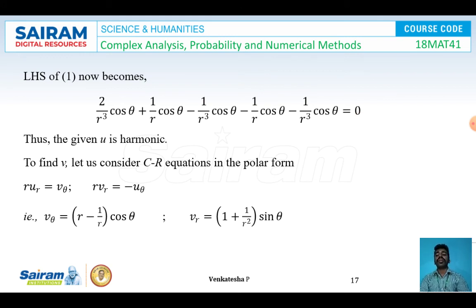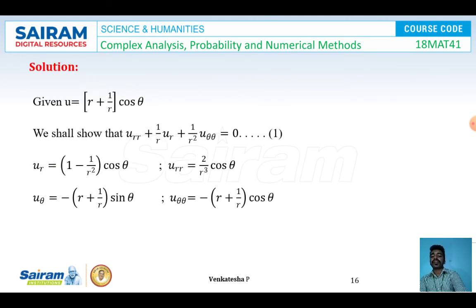So since u is harmonic, we can find its harmonic conjugate. Now to find the value of v, first take the CR equations. I'm taking the CR equations in polar form, that is r u_r is equal to v_θ and r v_r is equal to minus u_θ. I'll be replacing these two values in these two equations.